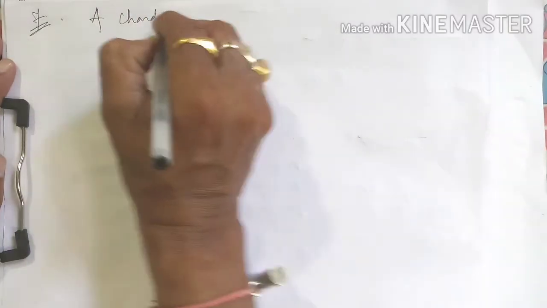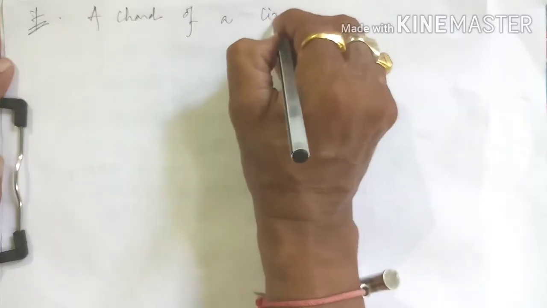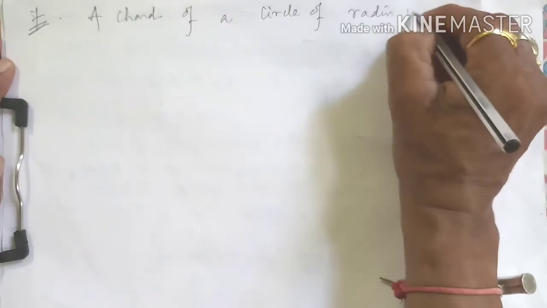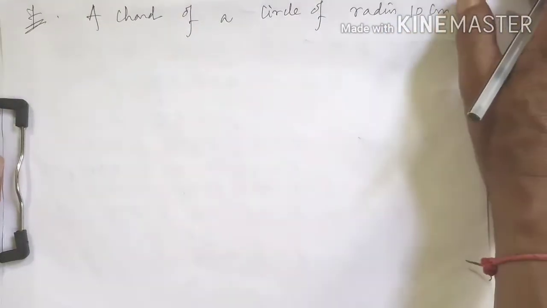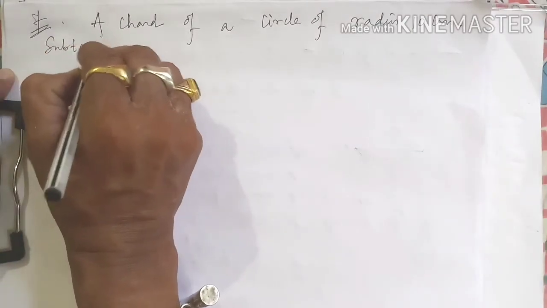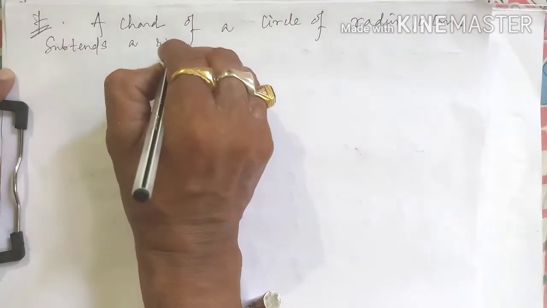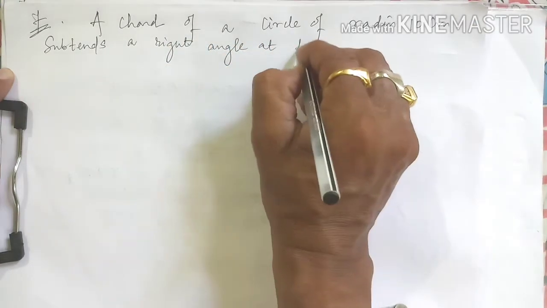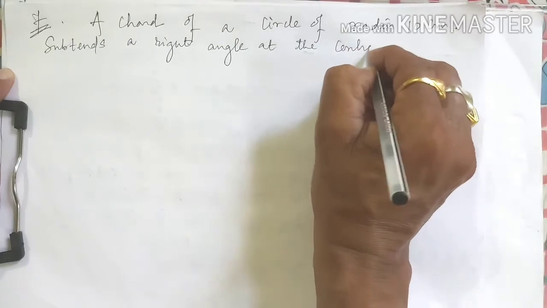Next, another one. A chord of a circle of radius 10 centimeter subtends a right angle at the center.